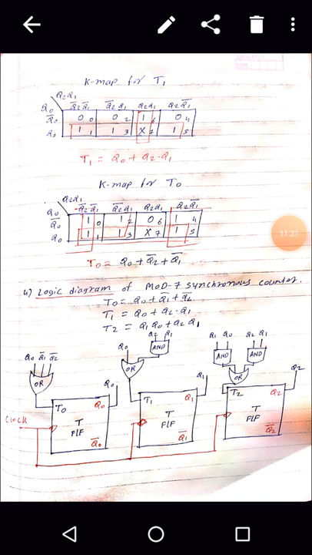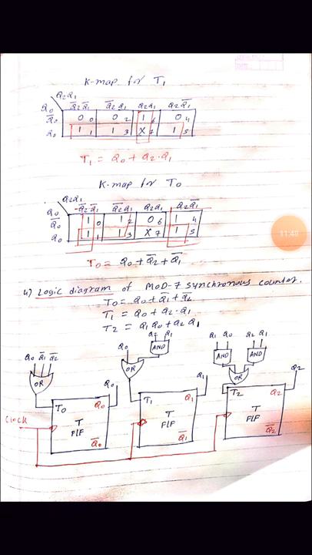Q0 is the answer for the quad, and Q2 dot Q1 is the answer for the pair. In the same way, solve the K-map for T0. For T0, we get 3 quads, as shown in the K-map. So T0 is equal to Q0 plus Q2 bar plus Q1 bar.